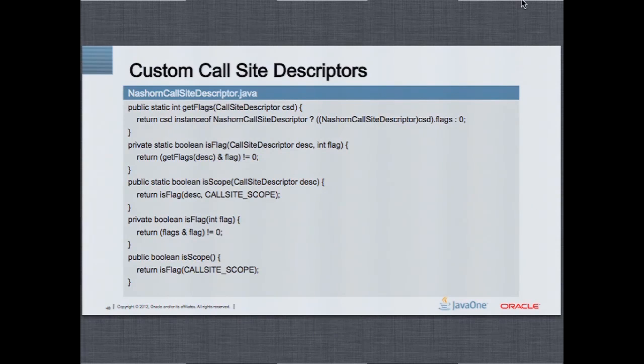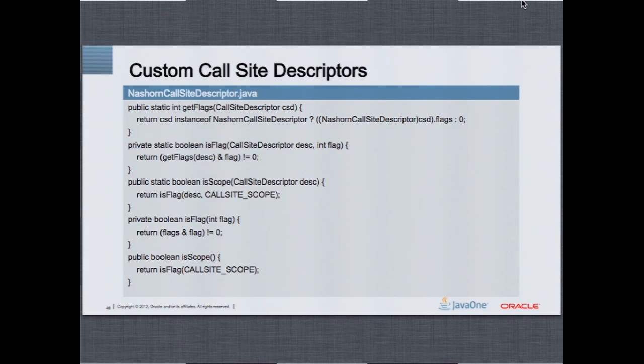Yeah, so this is pretty much the way we implement this. A getFlags will say, hey, is that CallSite descriptor an instance of Nashorn CallSite descriptor? Yes, it is. Cast, get the flags, otherwise assume 0. And then a request, say, for, hey, is it a scope invocation? We'll do an isFlags CallSite, which will do an isFlag, which will basically delegate back to this isFlag, which does the getFlags.